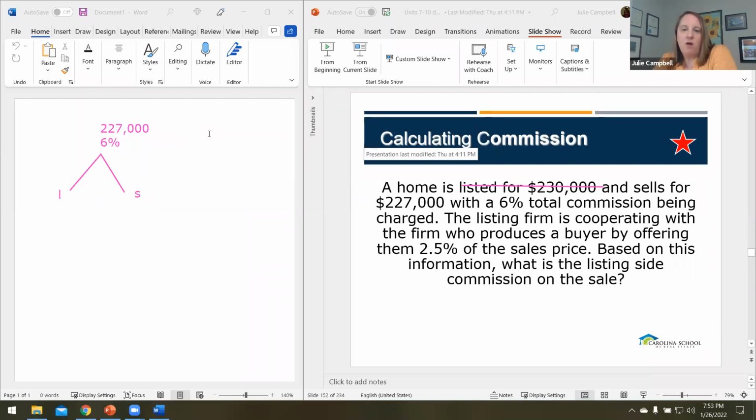The listing firm is cooperating with the firm who produces a buyer by offering them 2.5%. So the selling firm is getting 2.5%. The listing firm gets what's left, right? The total commission is 6%. So 6 minus 2.5 is what, 3.5 probably? I never go off calculator. So if the selling side is getting 2.5%, that means the listing side is getting 3.5%.